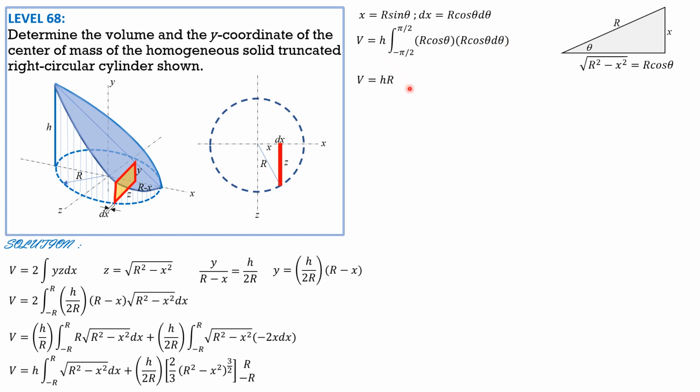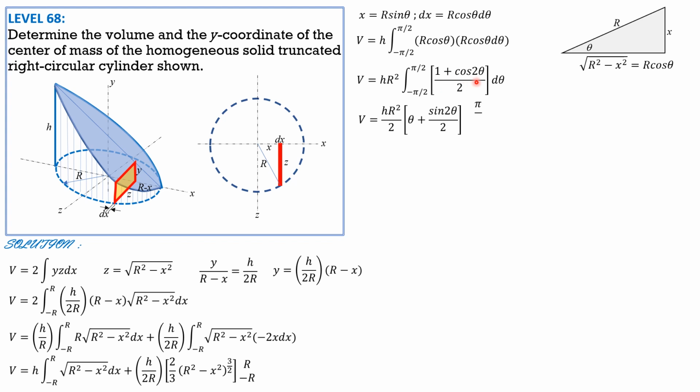So volume equals h r squared, then integral of cosine squared theta d theta, and cosine squared theta, its identity is 1 plus cosine 2 theta over 2. So volume is h r squared over 2. Integral of d theta is theta.